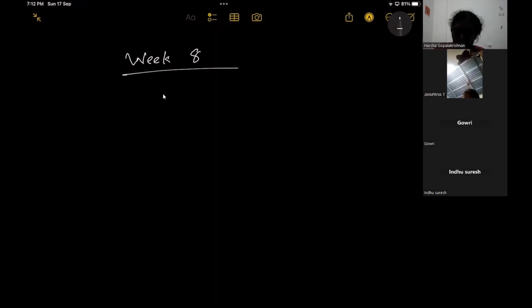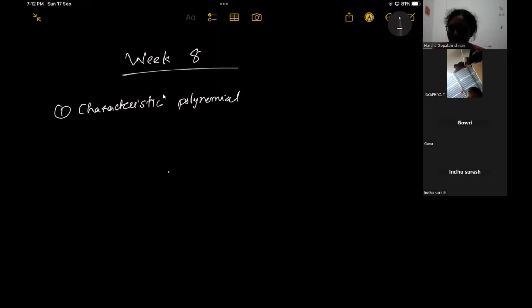So what is a characteristic polynomial? Determinant of A minus lambda I equal to 0.